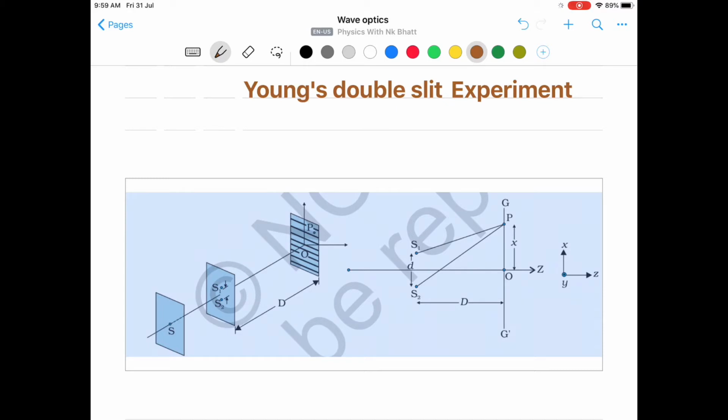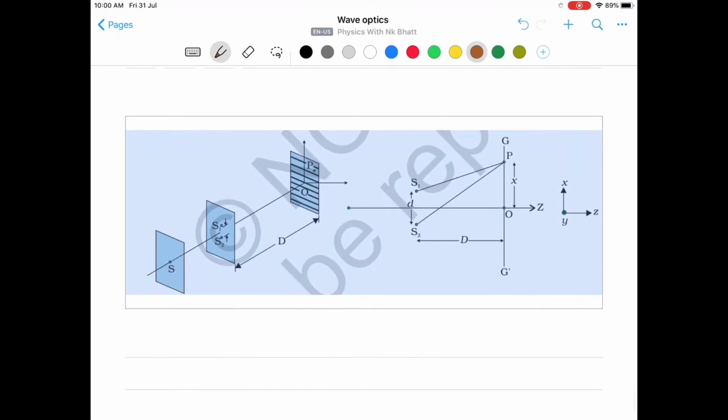In this experiment he tried to explain all the things related to interference, constructive and destructive, with the help of an experimental arrangement. For the purpose, you can see here in the diagram, he had taken one monochromatic source which is denoted by S here. This is a monochromatic source of light.